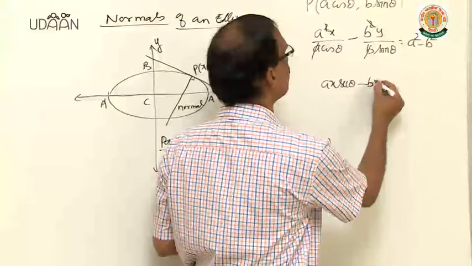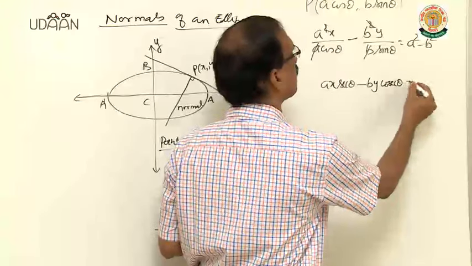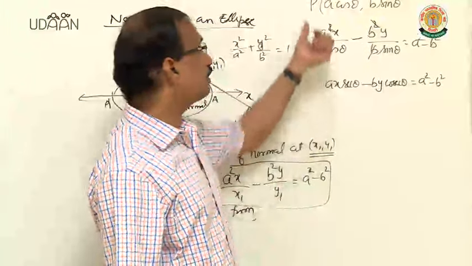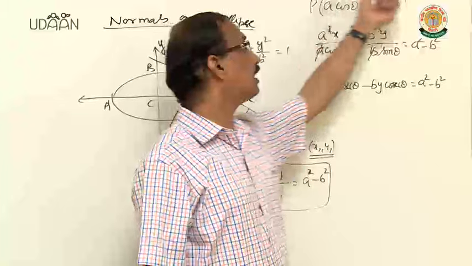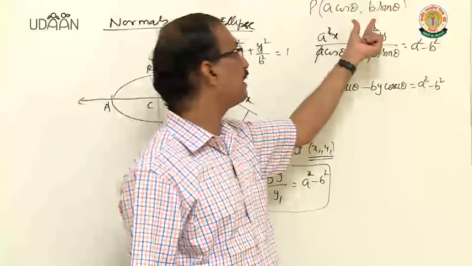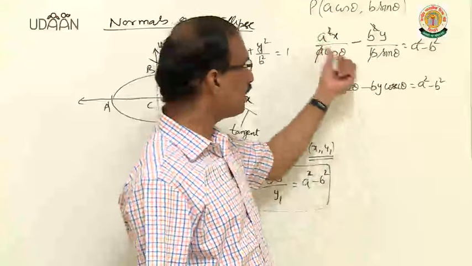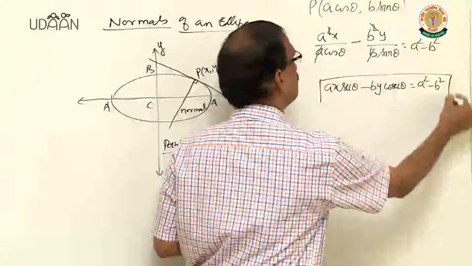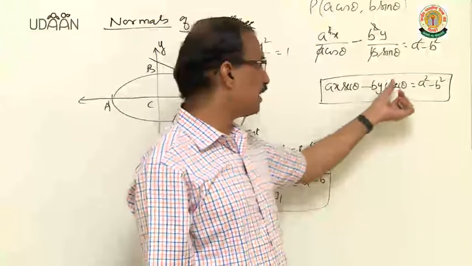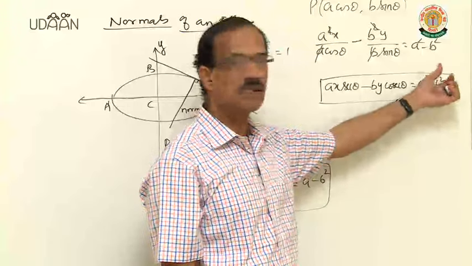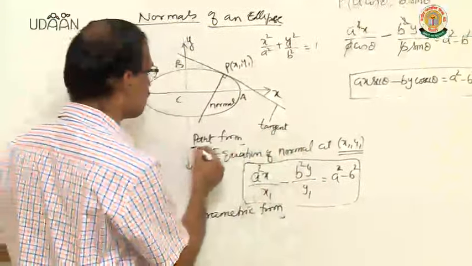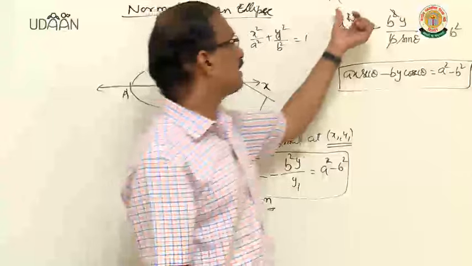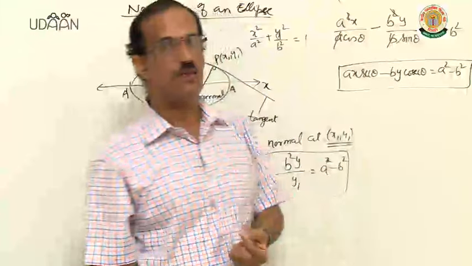So we write by cosec theta equals a square minus b square. When the coordinates are in the form of parameters, in terms of theta, your equation changes to ax sec theta minus by cosec theta equals a square minus b square. First we saw the point form, and from that we moved on to the parametric form. That is, when we know the parameter, we get the equation.